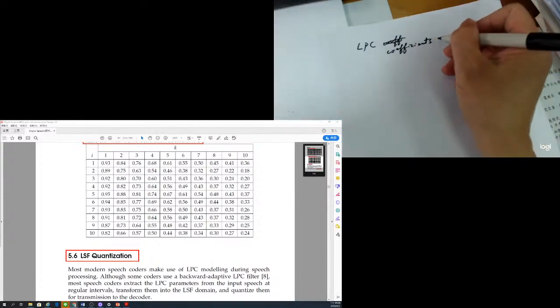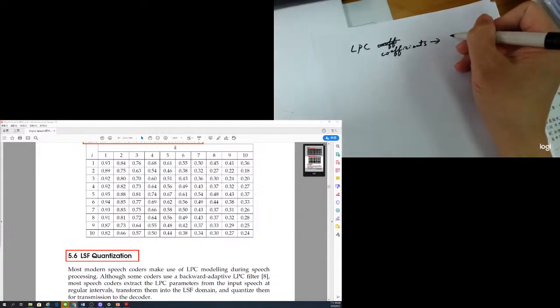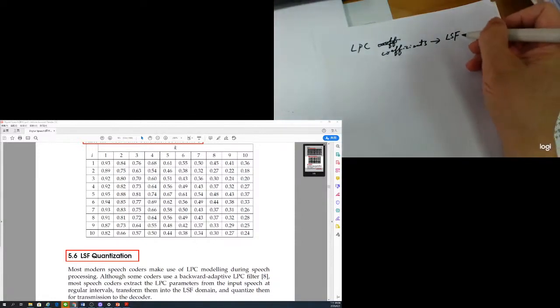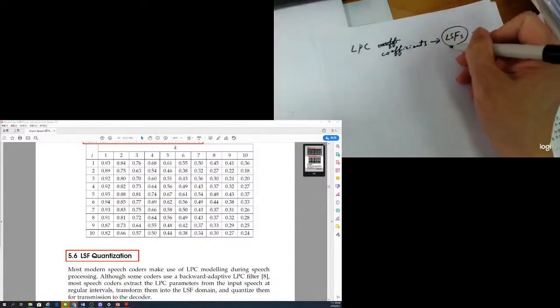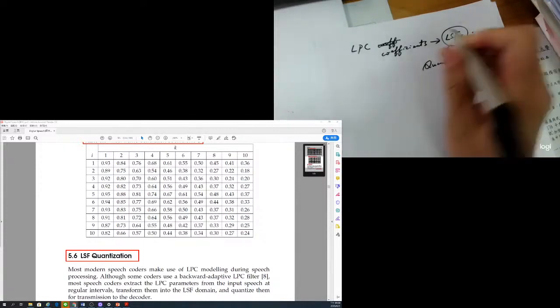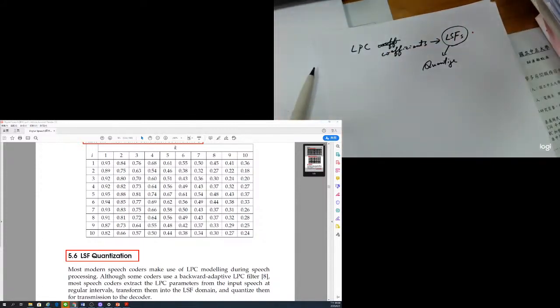So we produce the line spectrum frequency. It's good for quantization, and later on we will think about how to quantize this data, this parameter. You will see later that we consider different ways to quantize the data here.